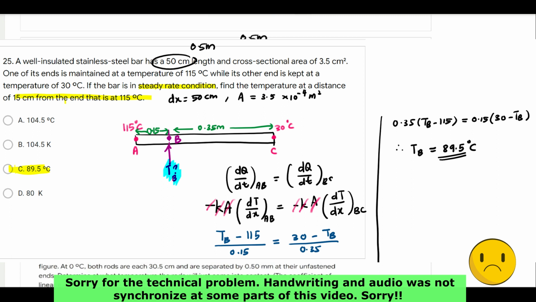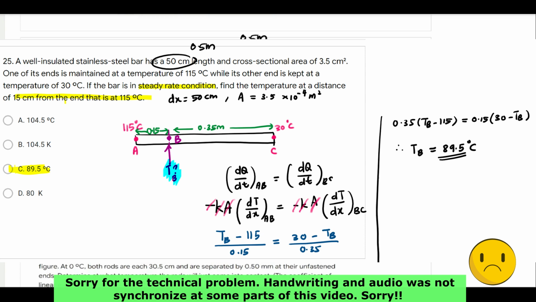And then we can write, T final daripada A ke B, siapa yang T final? Point B kan? So T final minus T initial 115 over dx untuk B adalah ni sini. So dx ini adalah A to B, 0.15 meter.